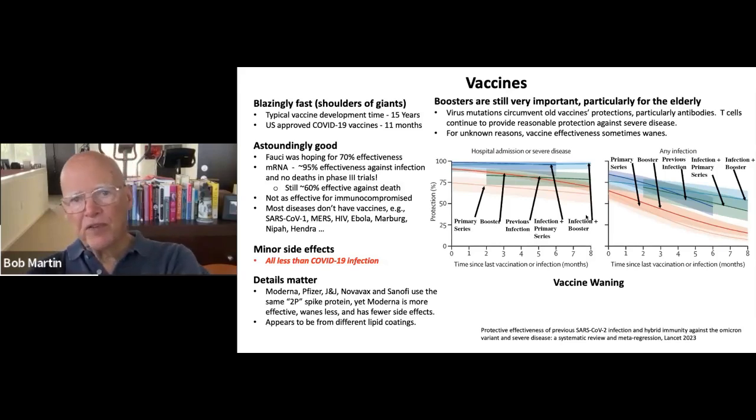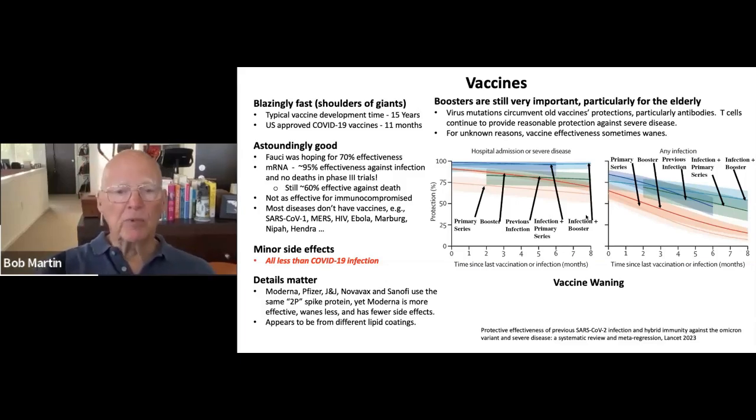You want to keep up with the variants, and for some reason, nobody understands why vaccine effectiveness wanes. And here you see the waning over time, the curves going down, and you see that each higher chart represents a more recent booster, or the best protection is infection plus a booster.